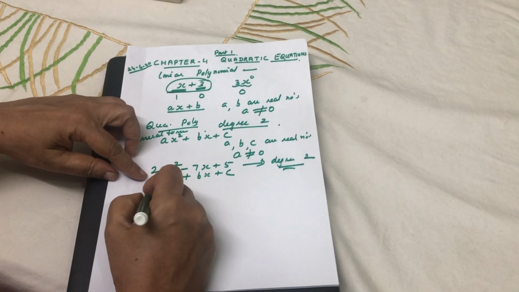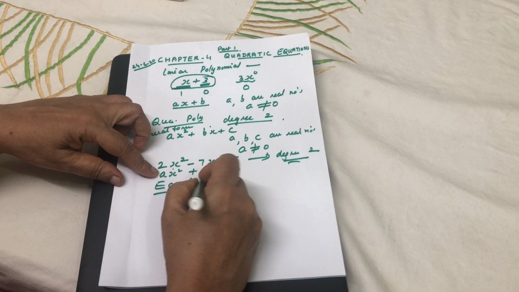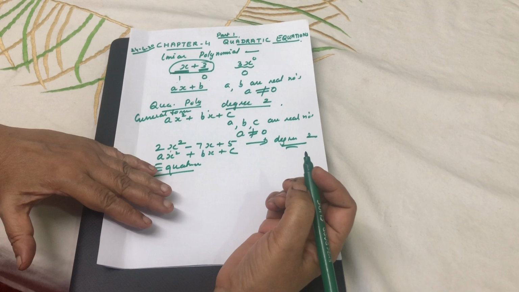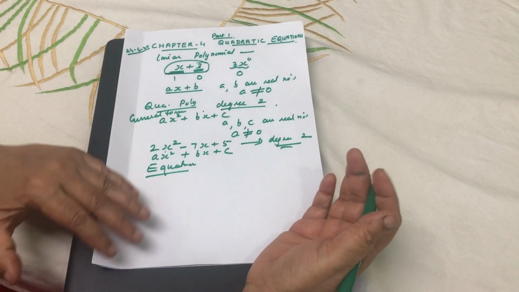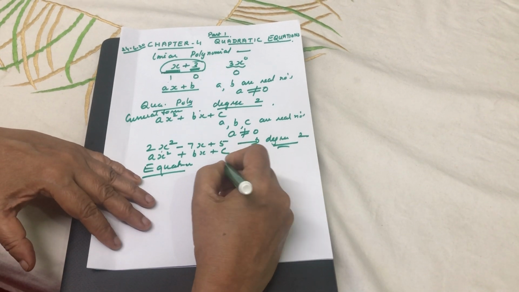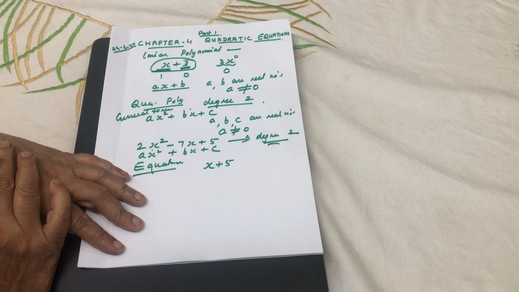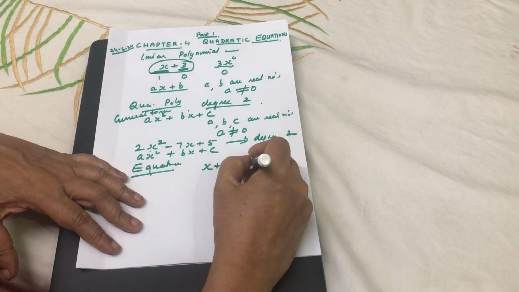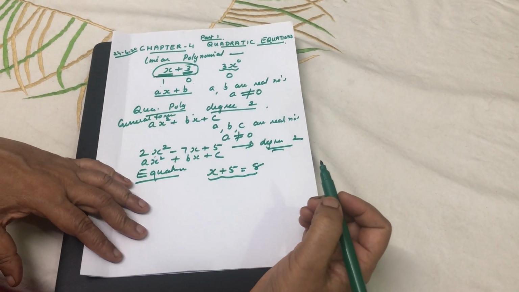You have learned what an equation is. Equation means a statement of equality, that means it should have an LHS and an RHS. Suppose you take x plus 5, it is a linear polynomial. If I write x plus 5 is equal to 8, now this becomes an equation.